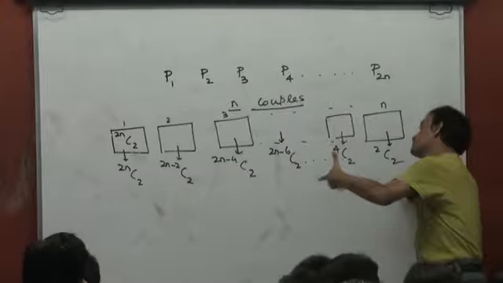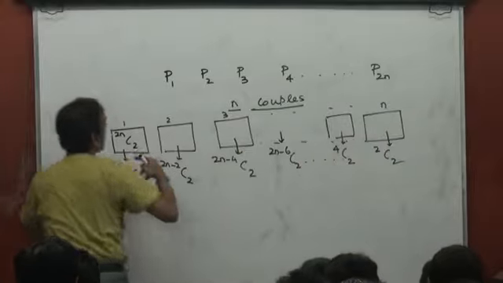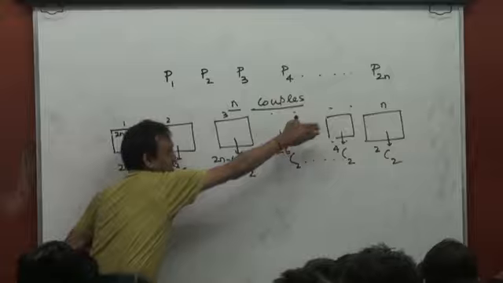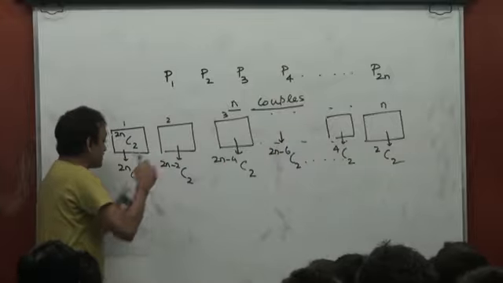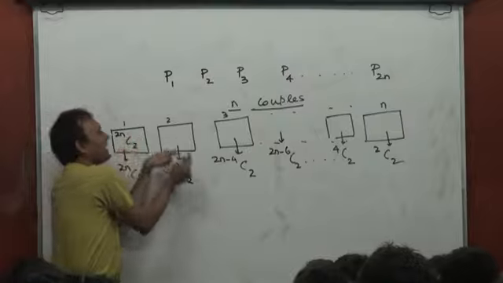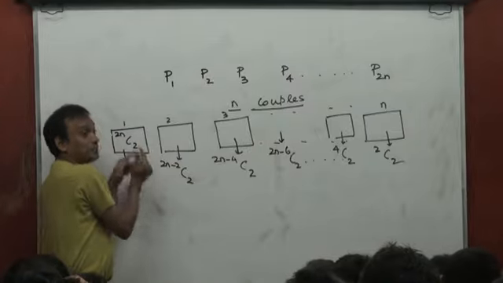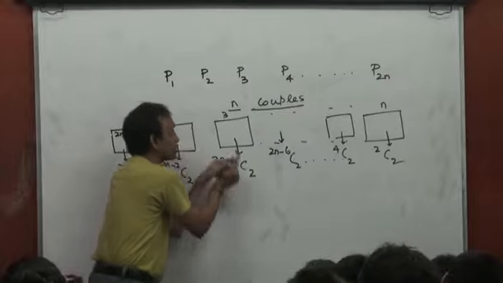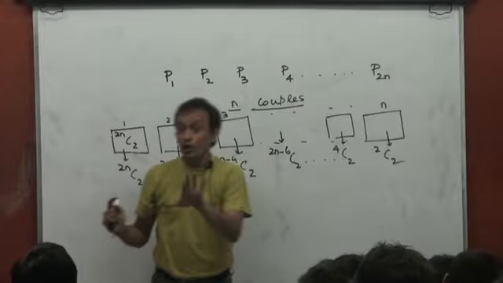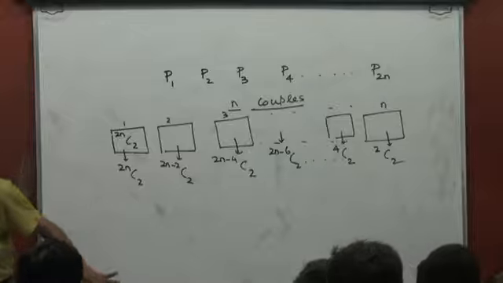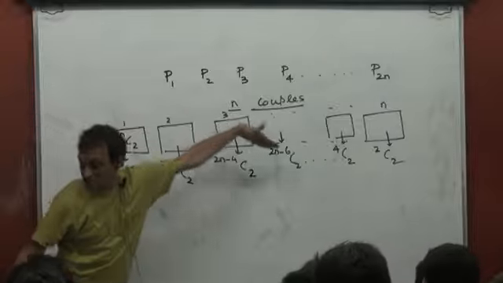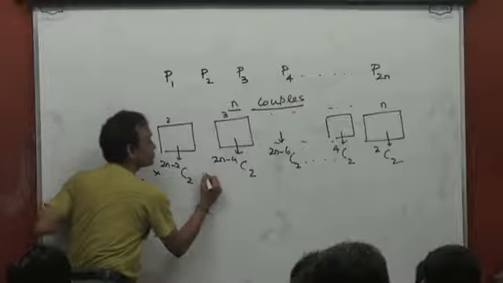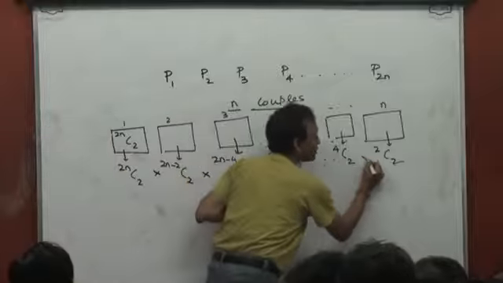So first of all, the number of ways in which I could select couples and arrange them in these n slots. This is selection and placing in these slots. The number of ways in which I could select n couples and position them in these slots is this into this, into this, into this.